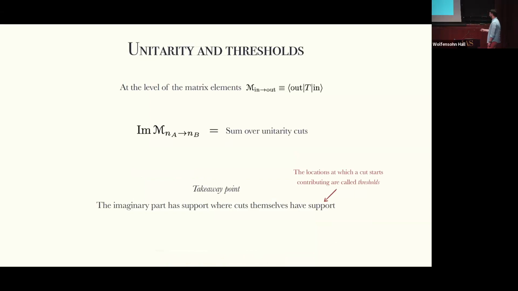The first thing I want you to remember, and most of you already know this, is that the imaginary part of the amplitude has support whenever cuts themselves have support. The locations at which cuts start contributing are called thresholds. At these locations, the amplitude of course cannot be real analytic, and because of this, we will say that it is singular.